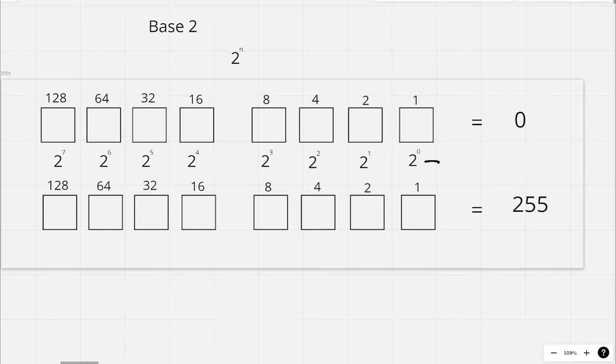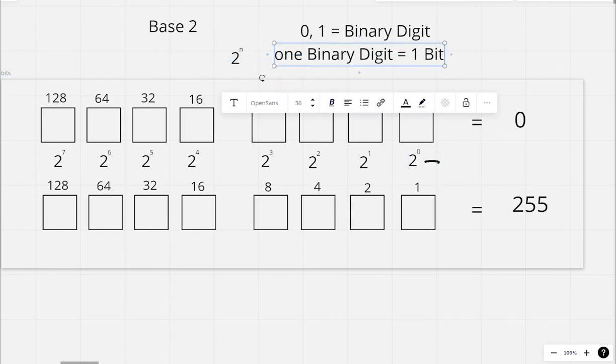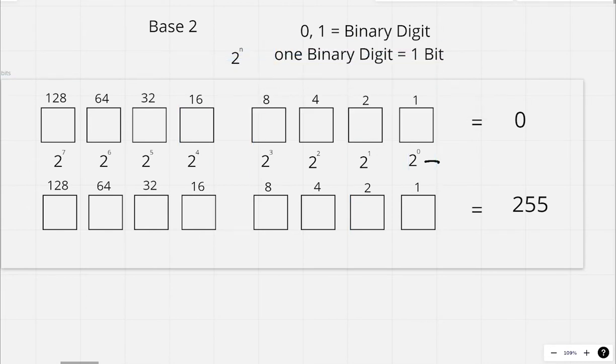One thing we have to remember is that in binary code, zeros and ones are called binary digits. And this is actually a byte. This is a byte right here. Like I said, one binary digit equals 1 byte. So it's not going to be 0, it's going to be 1.